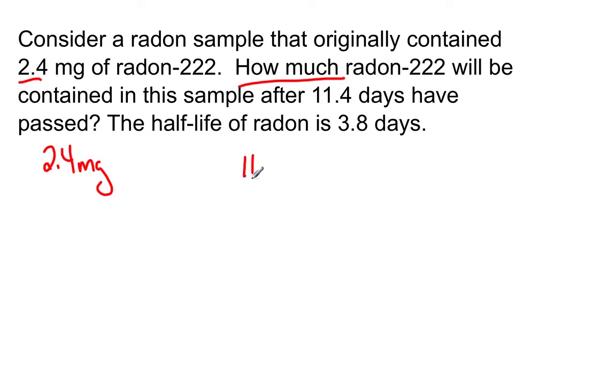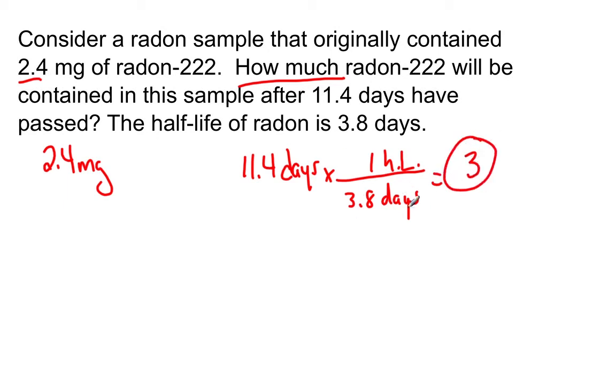So 11.4 days. Now the half-life of radon is 3.8. You could just Google that. 3.8 days is 1 half-life. So 11.4 divided by 3.8, that's 3 half-lives. Now we just take this number and divide it by 2 three times. 2.4 cut in half, 1.2.